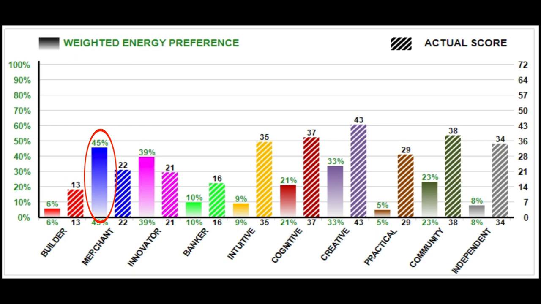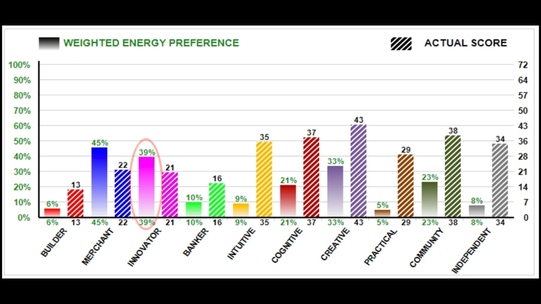In this example, this person's merchant energies account for about 45% of their psyche, to use this word very lightly. This will be their default way of operating in most day-to-day situations. They will approach most tasks, challenges, and social interactions first from this perspective.